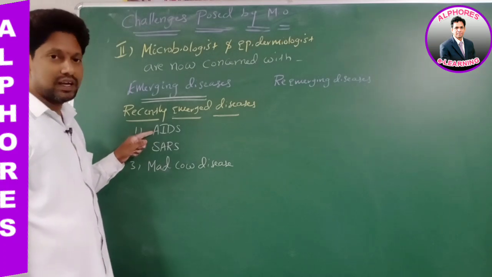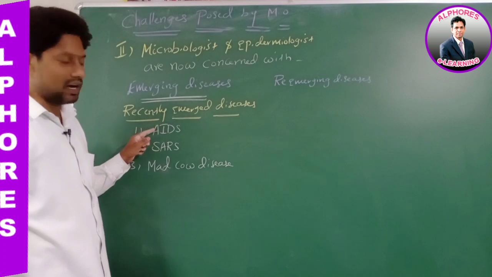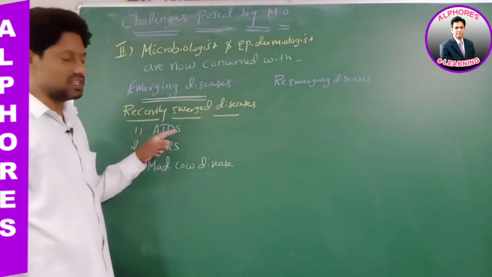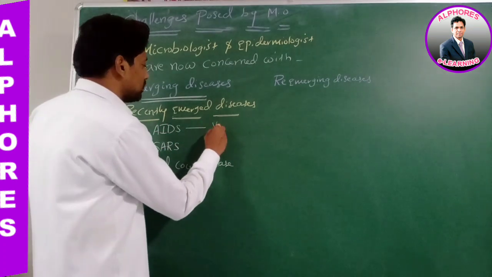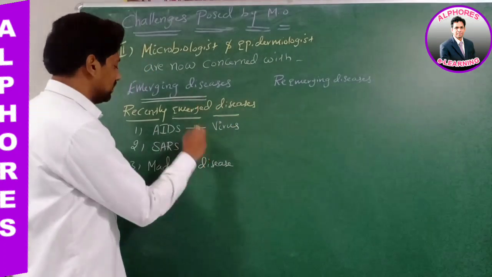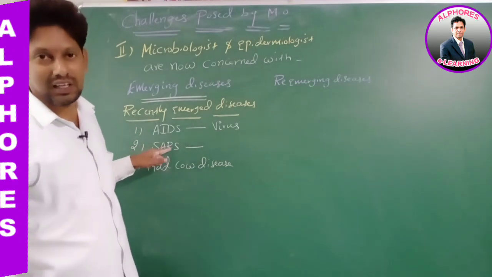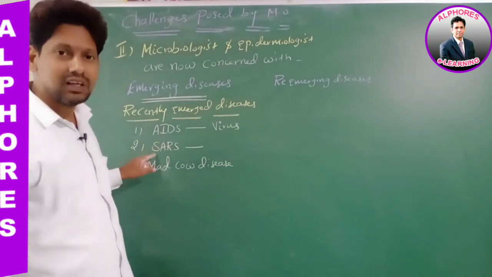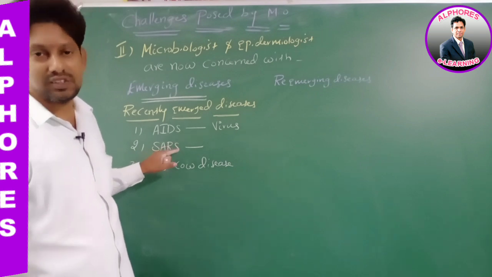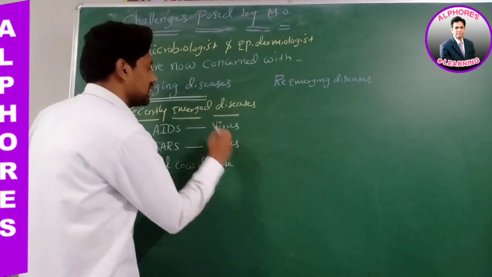First one, AIDS, acquired immunodeficiency syndrome. It is caused by a virus. Who is causing this disease, sir? Virus. Second one, SARS, severe acute respiratory syndrome. It is also caused by a virus.